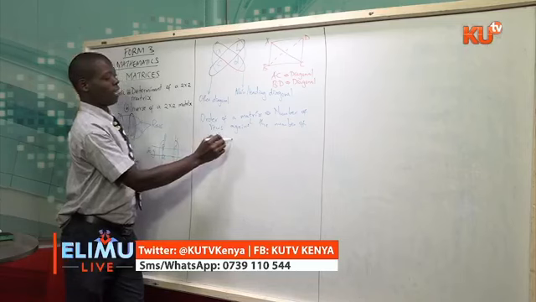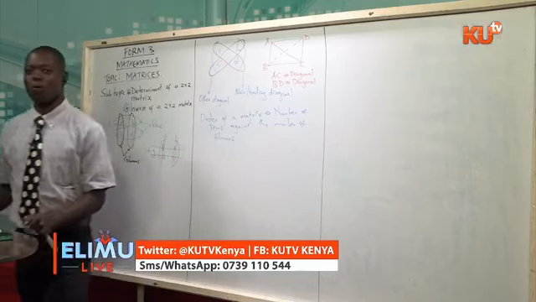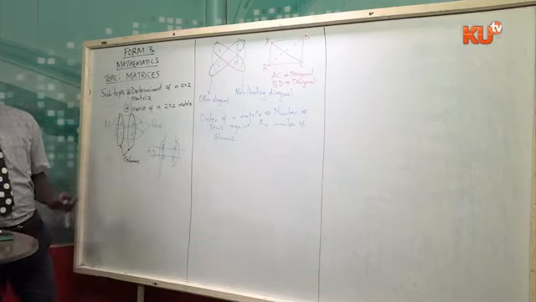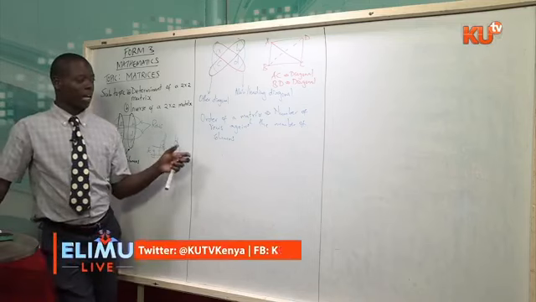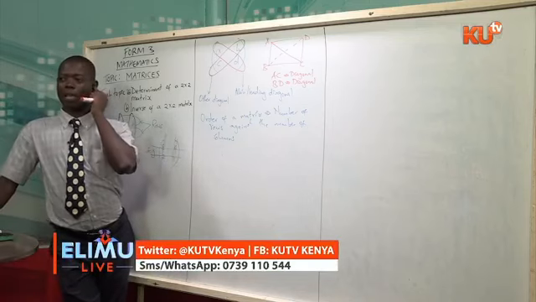You look at the number of rows against the number of columns. So that is what we discuss under the order of a matrix.